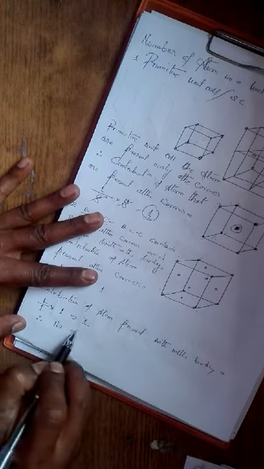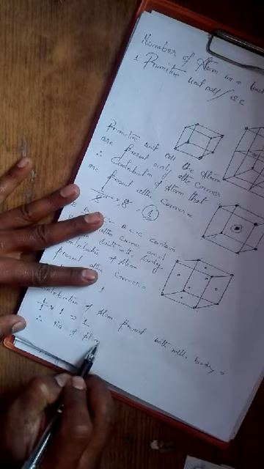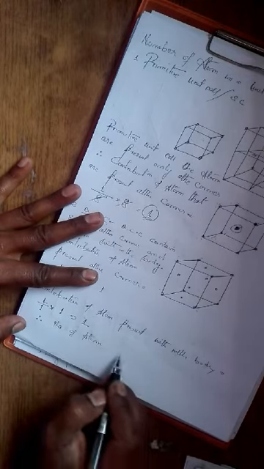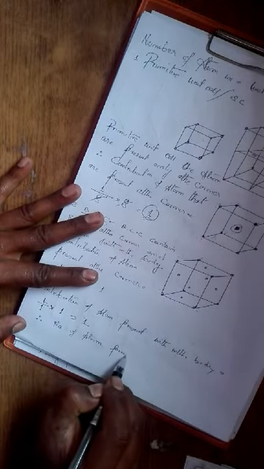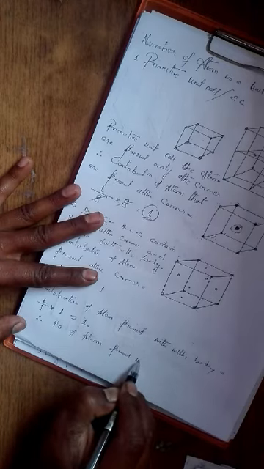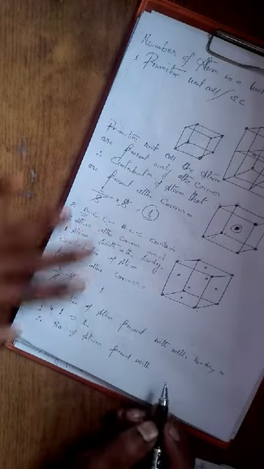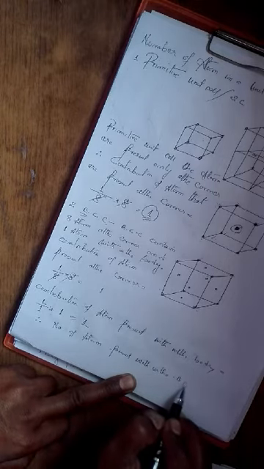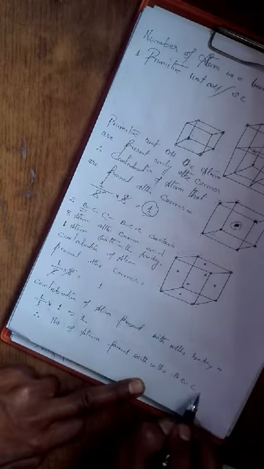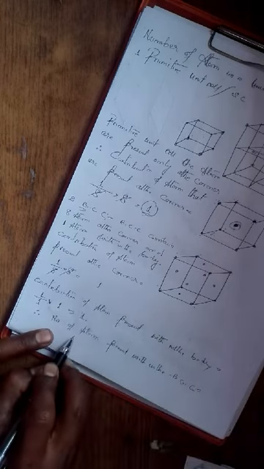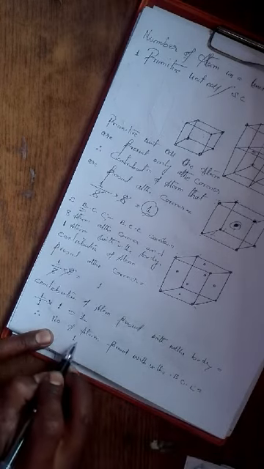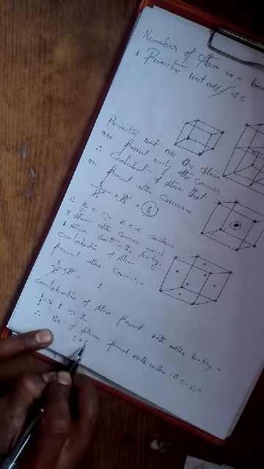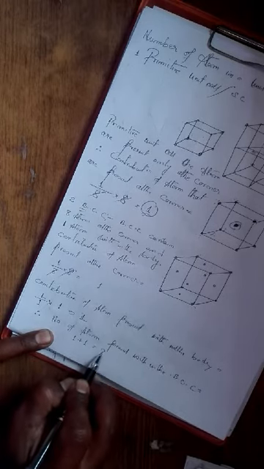Therefore, number of atoms present within the BCC, within the body-centered cubic, equals contribution of atoms from the corner plus contribution of atom within the body, which is equal to 2.